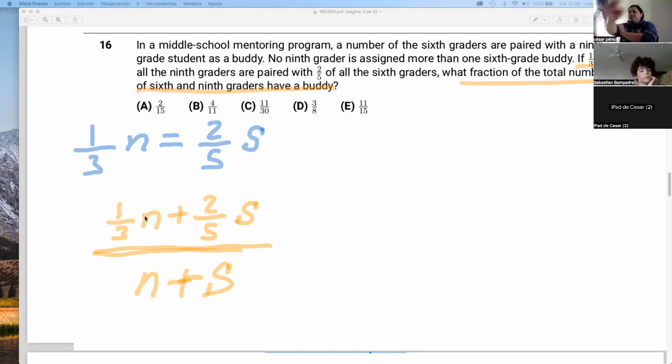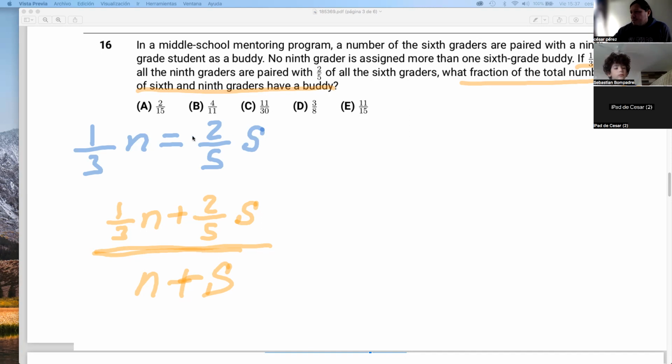Do you know how to solve something like this? No. Okay. We have an equation and an expression. We have two formulas here, and we have only two unknowns. Yes?